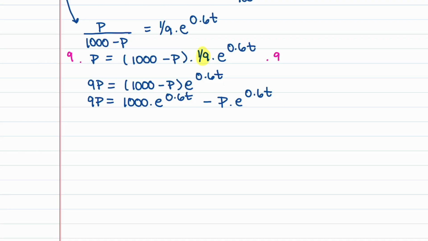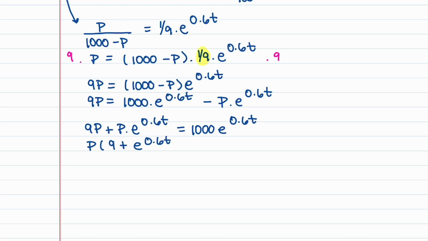So we have 9P plus P times e to the 0.6t is equal to 1,000 e to the 0.6t. Let's factor out a P, and we're left with 9 plus e to the 0.6t, and then on the right, everything stays the same.